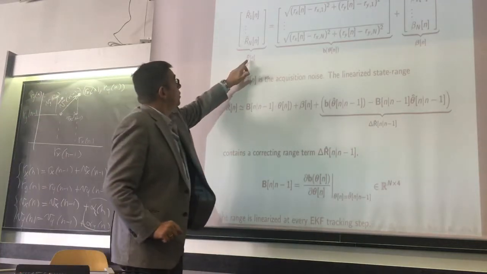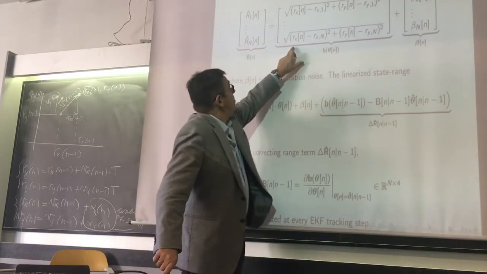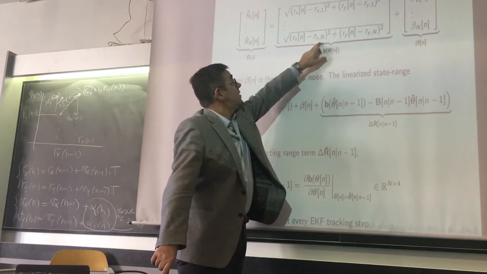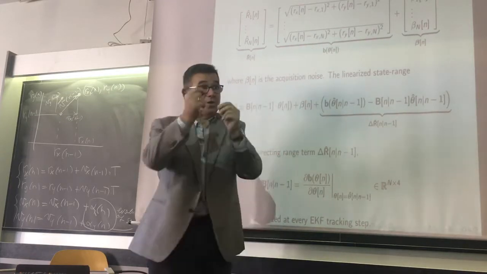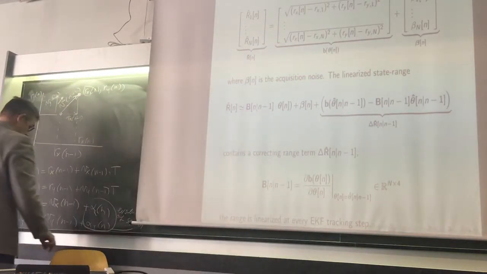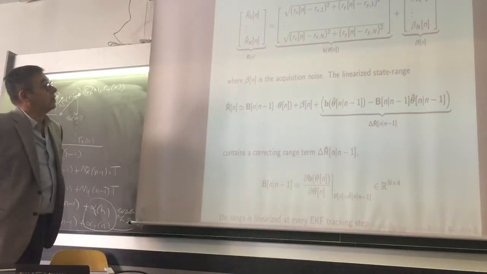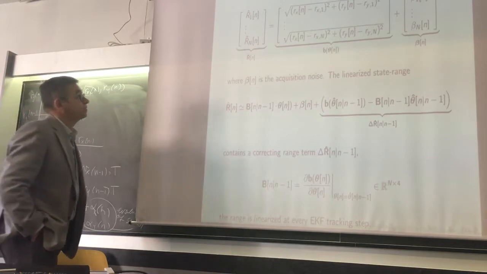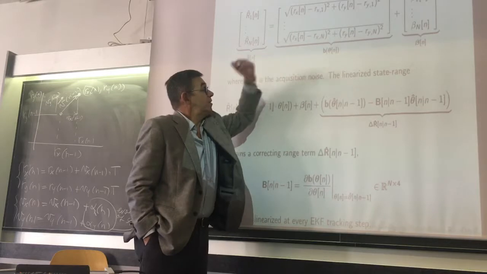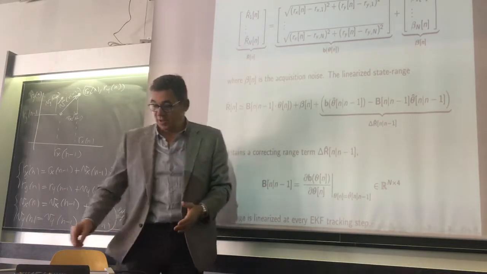We have the data, and then we have the relationship between the state and Rx, which is the position of the receiving station. We said that. So anyway, how to linearize? In order to linearize, I need to calculate the gradient. It is carried out simply in this way.